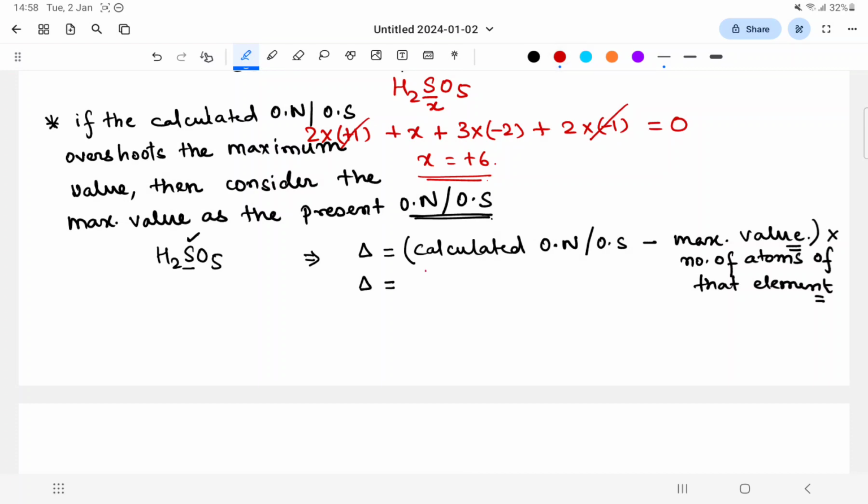So if I put this into the formula, what do I get? The calculated value I have already got is 8 minus 7, and how many atoms of sulfur are there? 1. So my delta value comes out to be 1. Now if you want to find the number of peroxide linkages, I hope everyone has understood how to calculate delta.